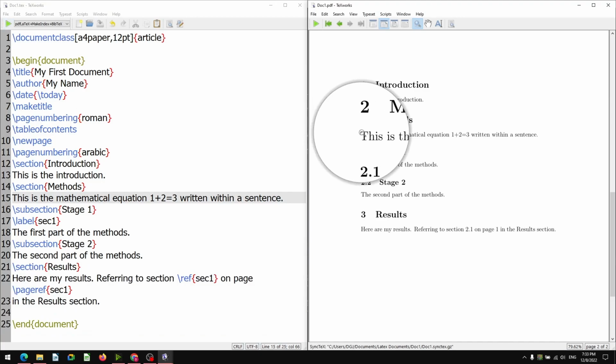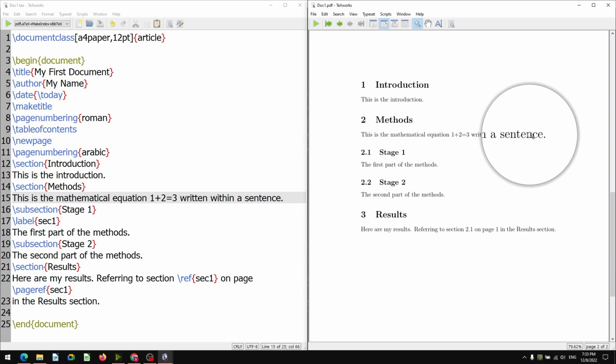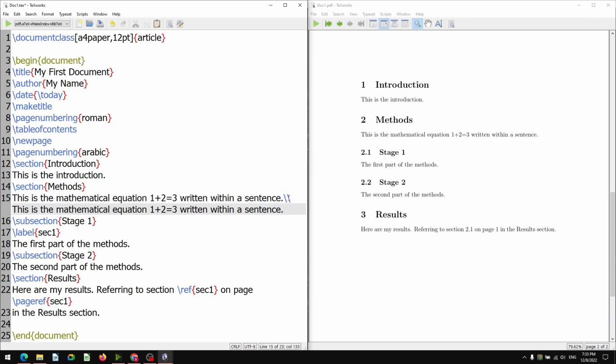So below Methods, this is the mathematical equation 1 plus 2 equal to 3 written within the sentence. Okay, now we can use a dollar to go into math mode. So we can have the double backslash for new line, and we can type the sentence or equation with dollar at the starting and ending of the equation.